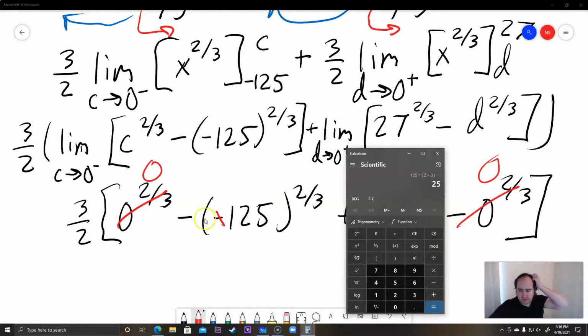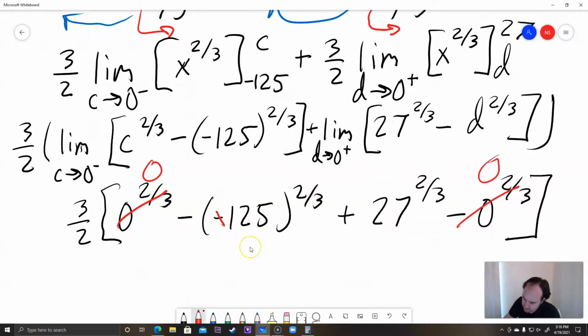But of course there's still a minus out front, so it's going to be negative 25 because there was still this minus here. Okay, so we have negative 25 plus, well, what's 27 to the 2/3? Well, the cube root of 27 is 3 because 3 cubed is 27. And then 3 squared is 9. So this is going to give you 9. And of course, you're also welcome to use a calculator with that one as well. But I was able to do that one in my head.